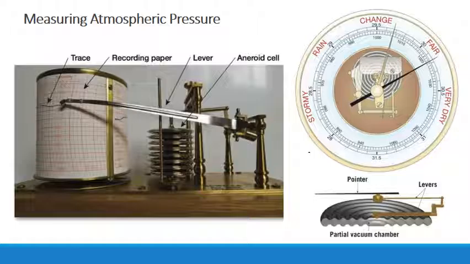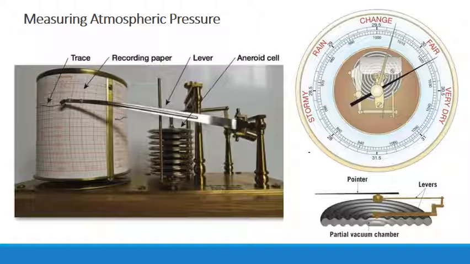That chamber is very sensitive to pressure variations. So when it detects a pressure variation, it contracts, compressing as pressure increases and expanding as pressure decreases.